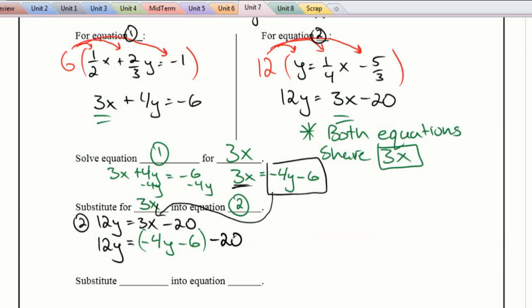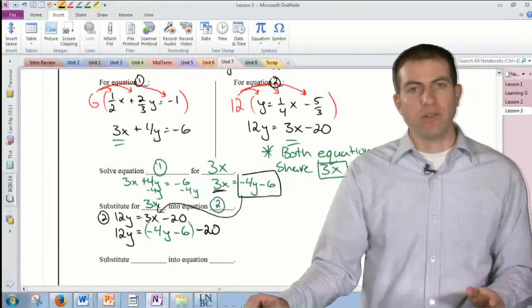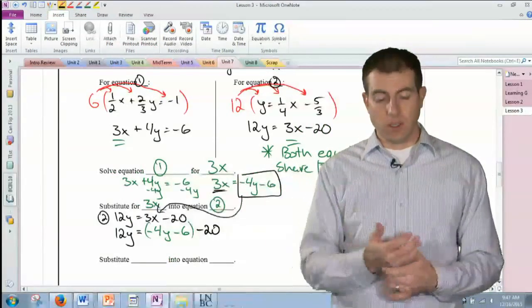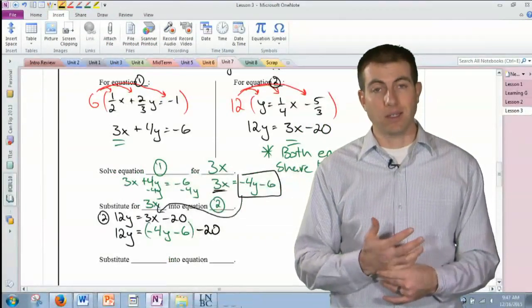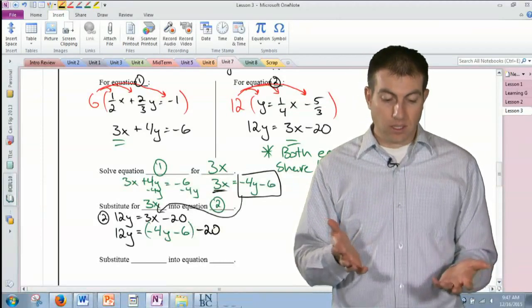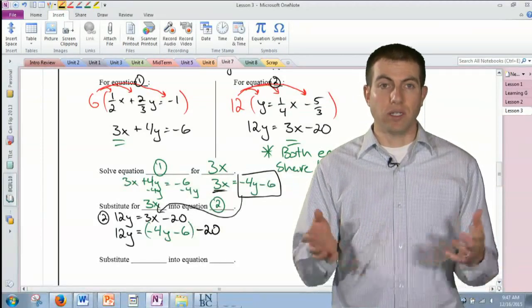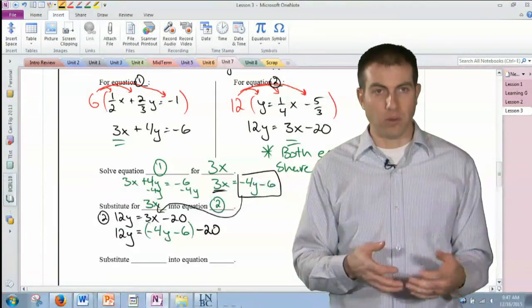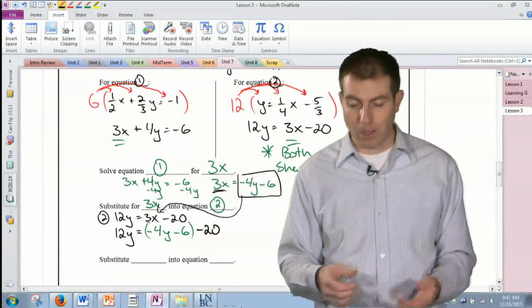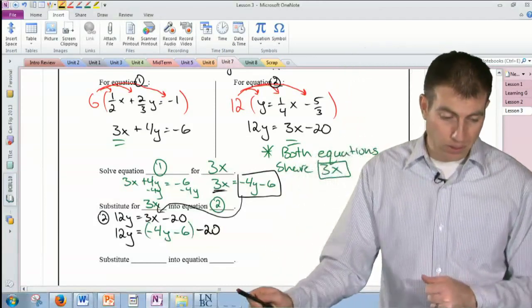Now, remember the whole idea here is that we're trying to figure out what x and y are. And by substituting 3x was equal to negative 4y minus 6, we basically get rid of the x variable. If we look at our equation now, there are no x's in the equation, so we can isolate y, get y by itself. That's what we want to do.